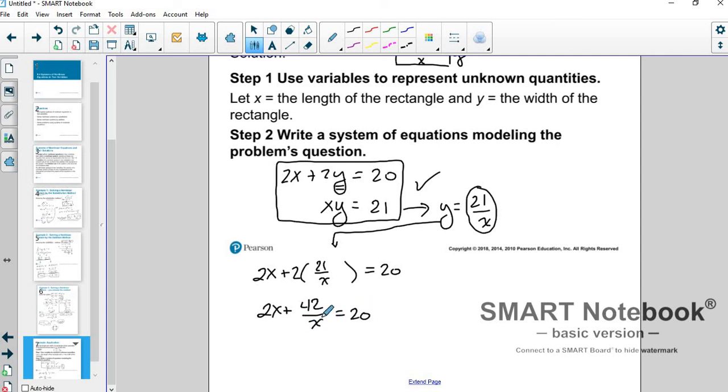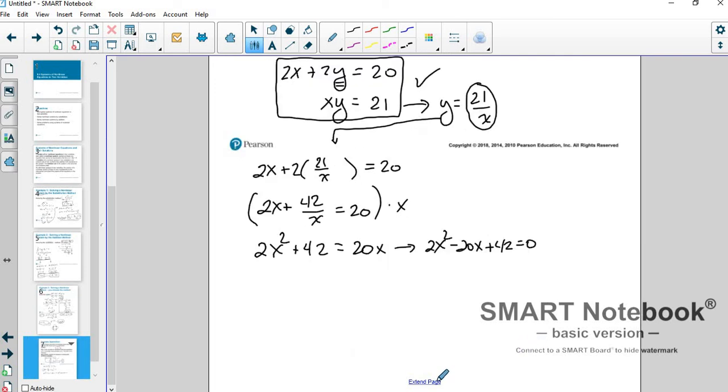And then you can't solve for x in the denominator, so I'm going to multiply everything by x so that I can get that out of the denominator. I get 2x squared plus 42, the x divides away, and then you're left with 20x on the right-hand side. And of course, we need to set that equal to 0 because it's a quadratic, so I subtract 20x from both sides.